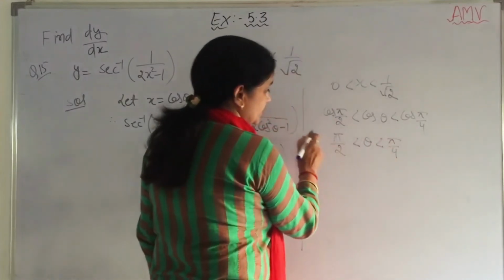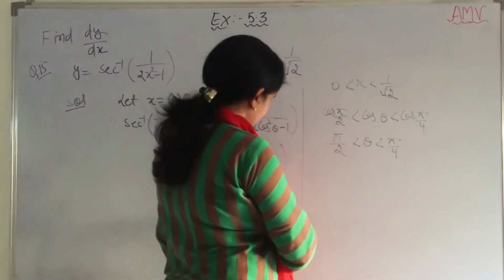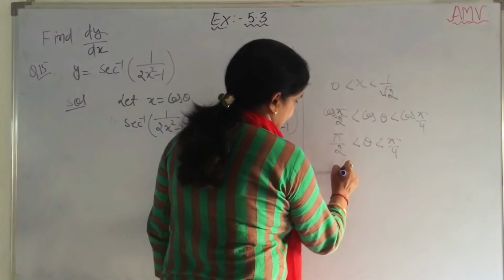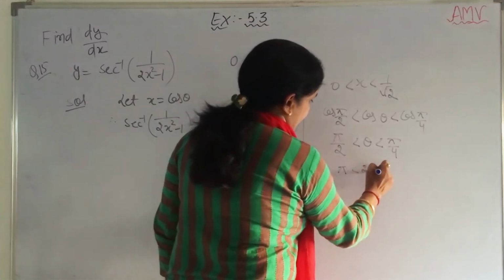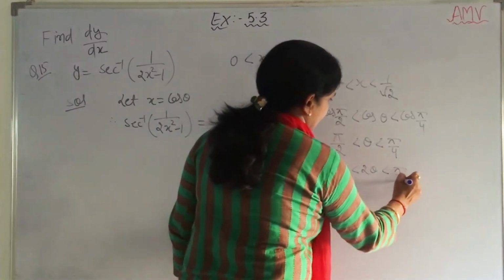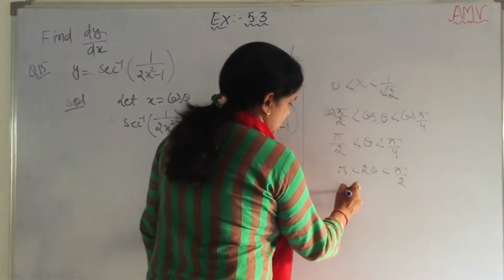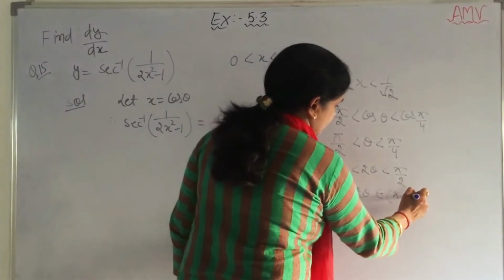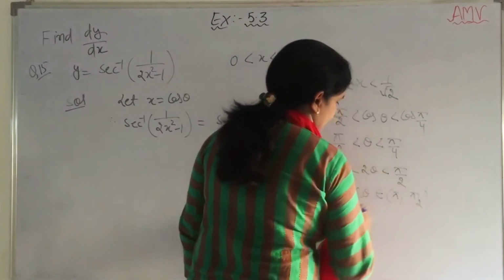We require 2 theta. So multiply this inequality by 2. It is pi, 2 theta, and here pi by 2. Okay. So 2 theta belongs to pi to pi by 2.